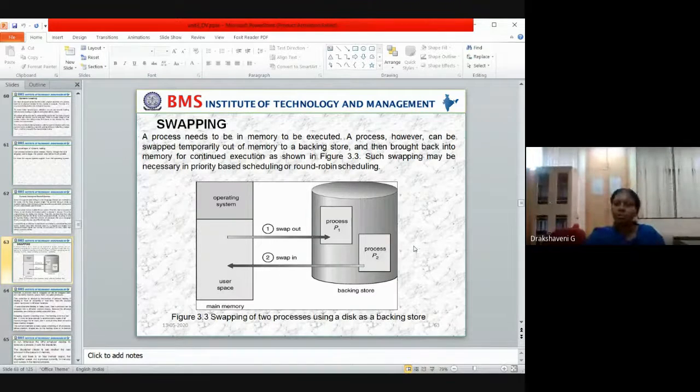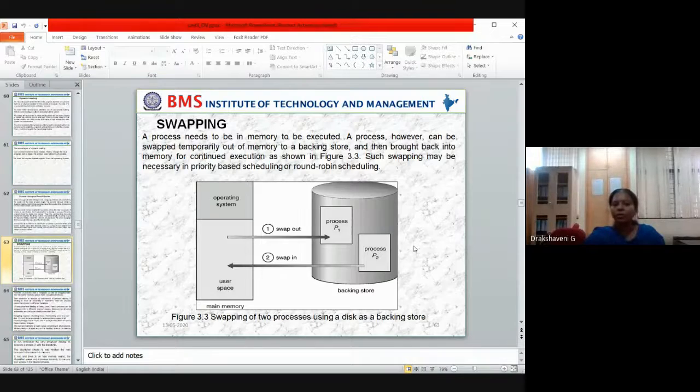So the process needs to be in memory to be executed. A process, however, can be swapped temporarily out of memory to a backing store. You can see in this diagram, main memory is there and you have a backing store. What is that backing store?